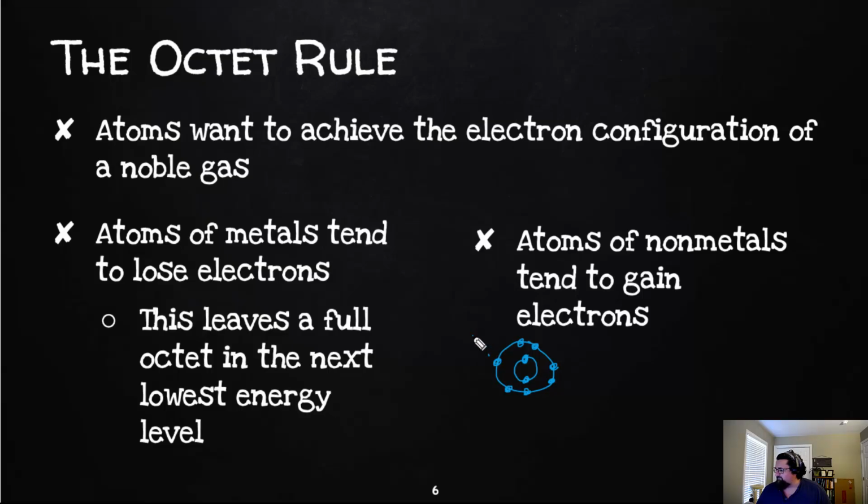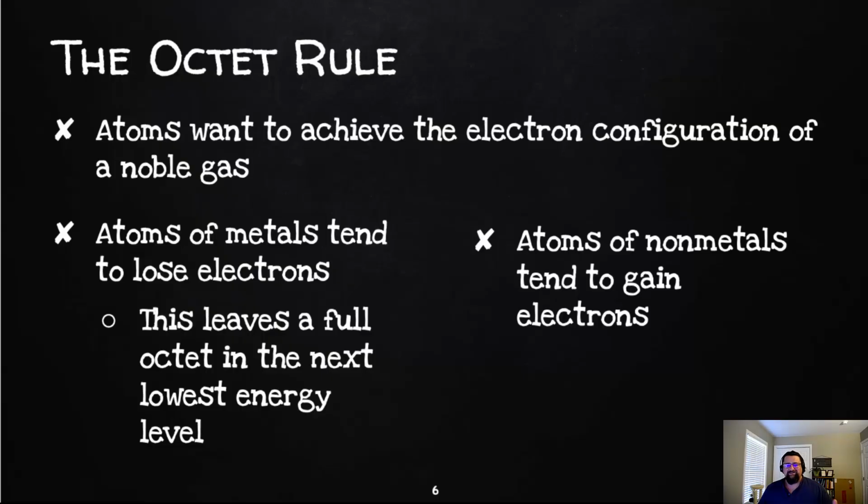It's going to want to have one come in. It's going to want to gain an electron to then become 8, full. It takes on that full octet on the outside. And so that's our noble gases. They have that full octet.